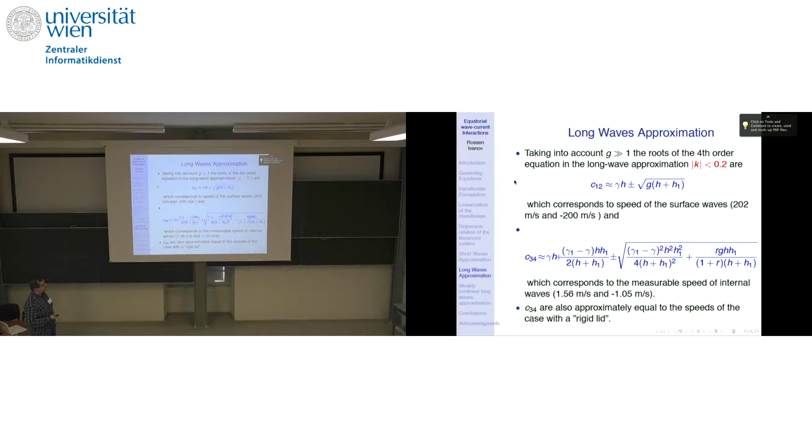What's interesting is that C3 and C4 approximately coincide with the characteristic speed that one can get from the rigid lid approximation. This can also be tackled if one thinks of the surface as a rigid lid, like a bottom. In some papers the approximation of the surface is just a rigid lid without any variation.